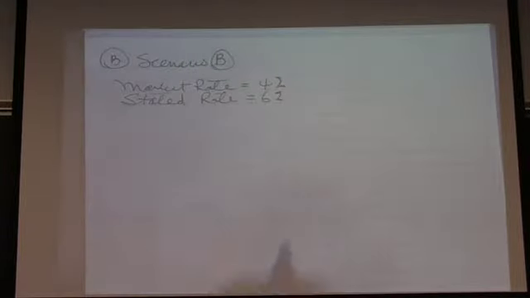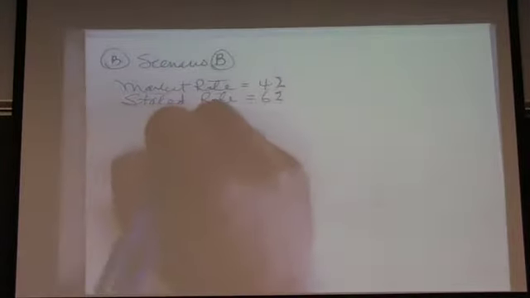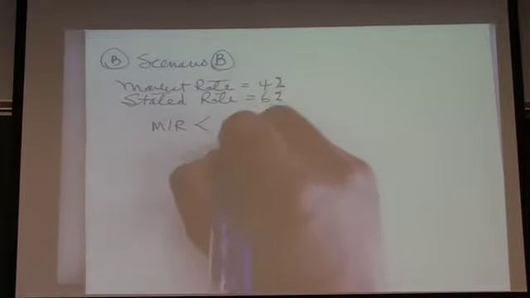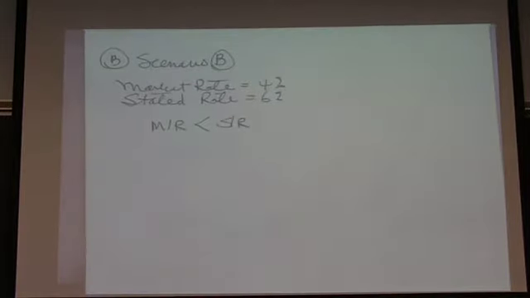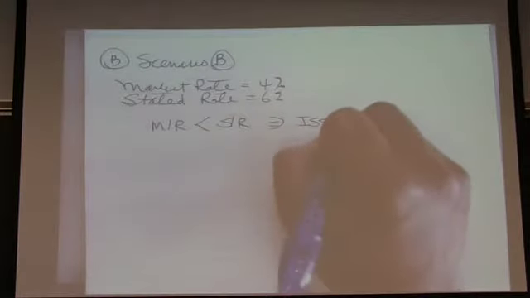Which means that if the market rate is less than the stated rate, then the company, the borrower, is going to want a little bit more money from this bond, more than the $100,000. So that's what we call issuing bonds at a premium.